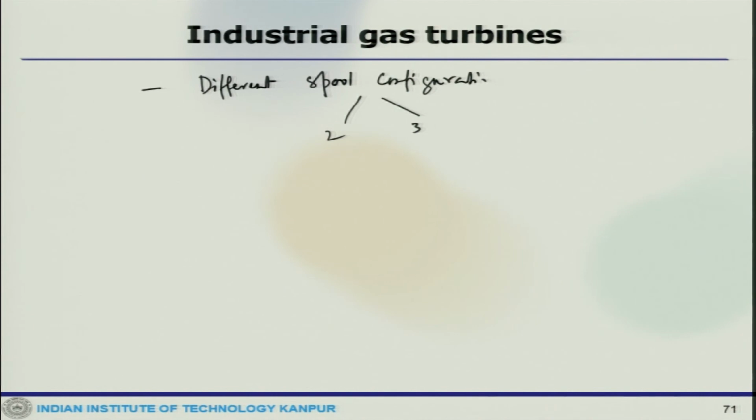I am just trying to give you an idea, and we are not going into all the detailed analysis of different spool configurations or multiple shafts, because we have done enough detailed analysis in the context of turbine based cycles, where we have considered all these different possibilities.